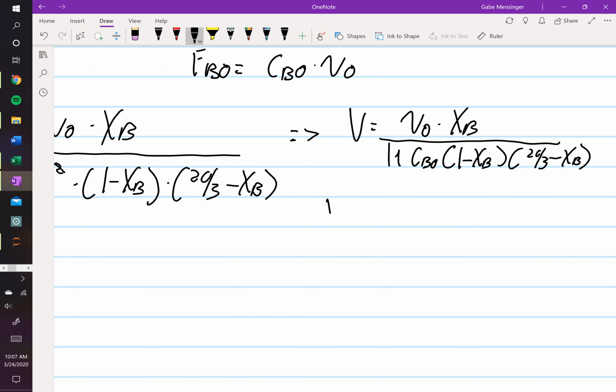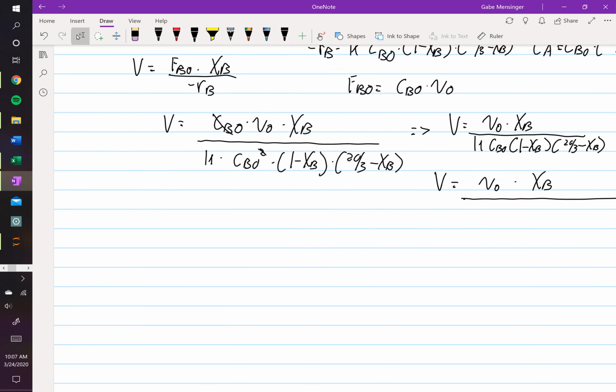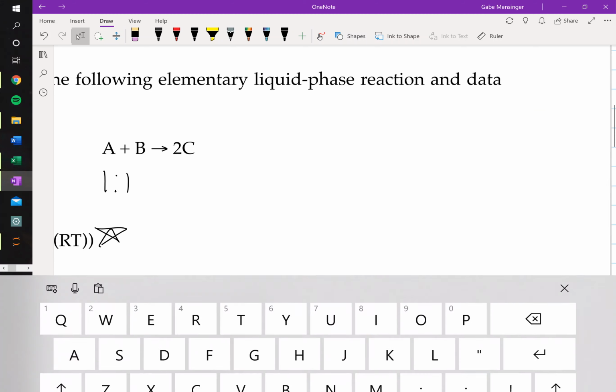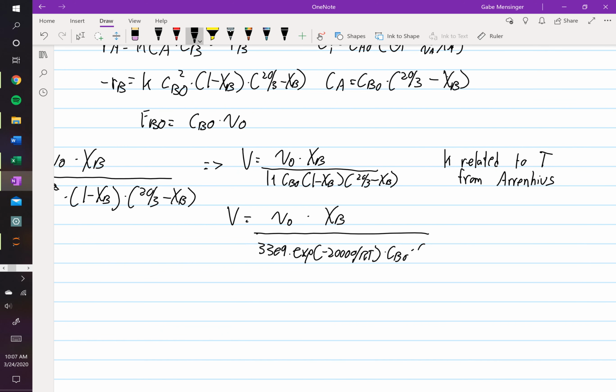this is going to make our, zoom out, V is equal to V naught times XB over our function of K, which is 33 E9 times the exponential of negative 20,000 over RT times CB naught times 1 minus XB times 20 over 3 minus XB.